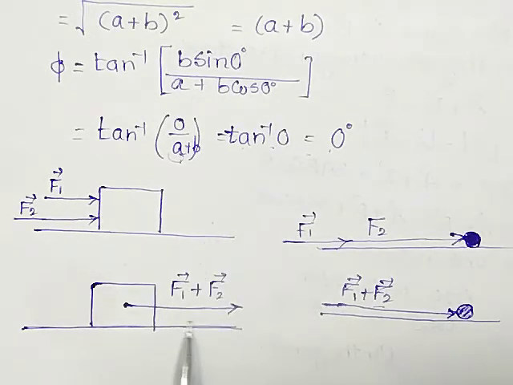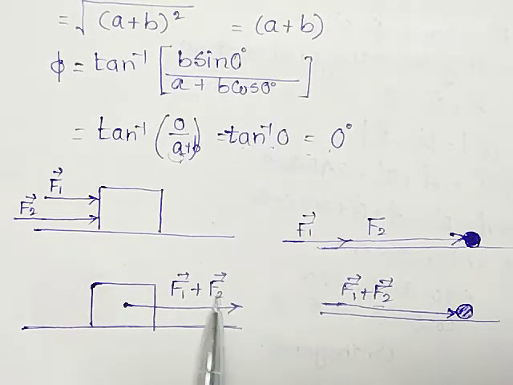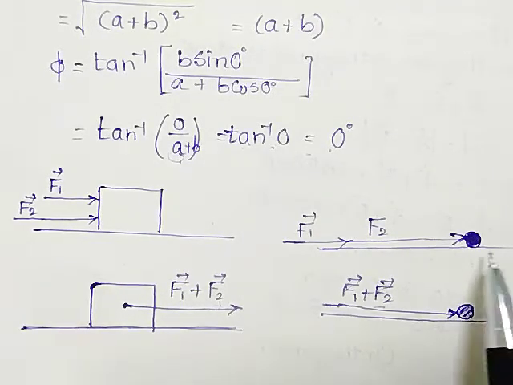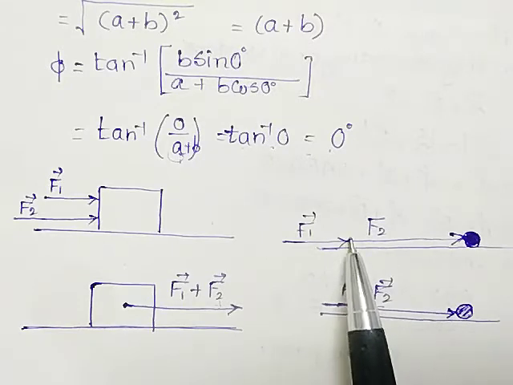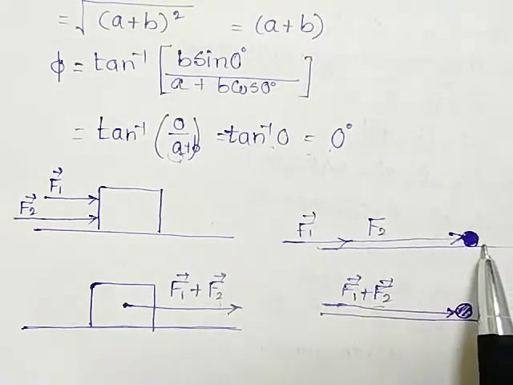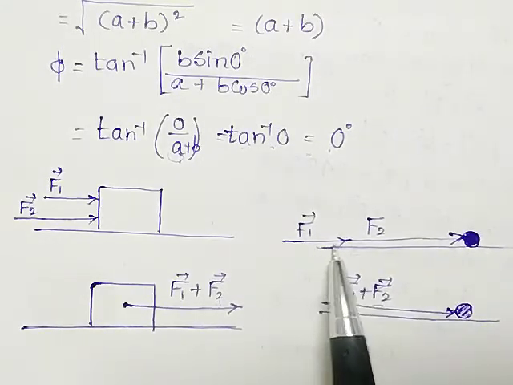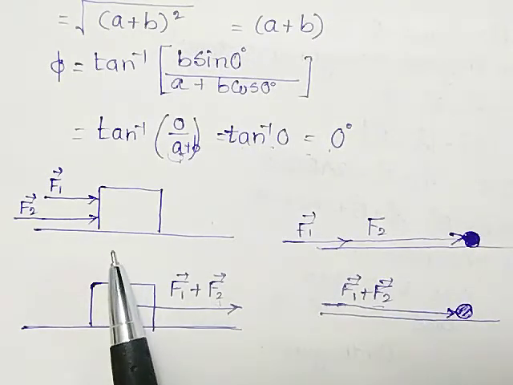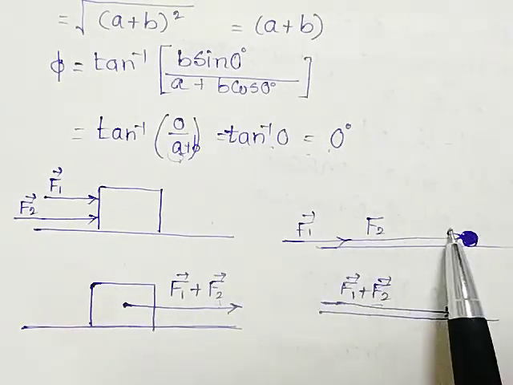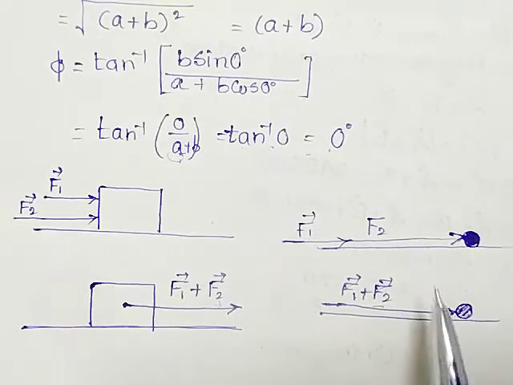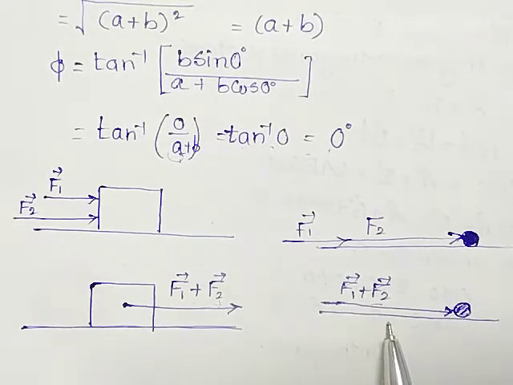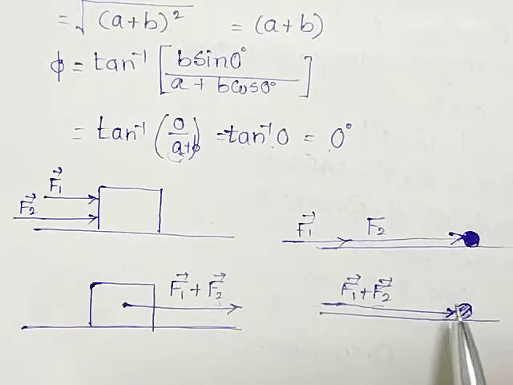So it feels the resultant of these two, along the same direction. And again it is a particle, and two forces F1 and F2 are acting on it along the same line. If it is along the same line, the same result holds: the particle feels F1 plus F2.